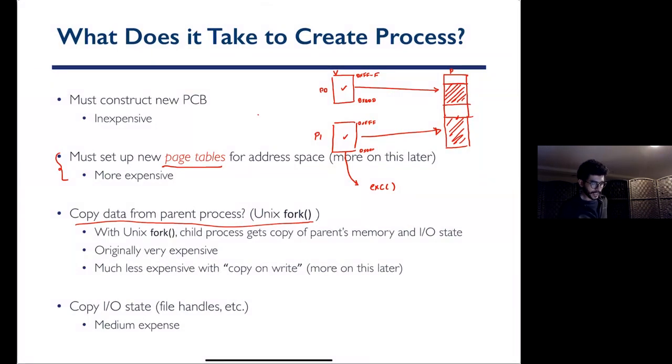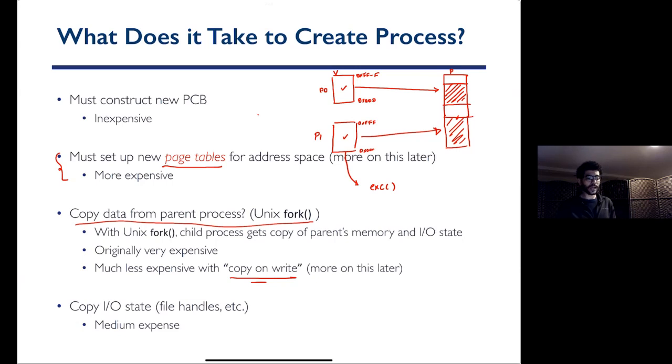So this has a name. It's called copy on write. So when you want to write, you make a copy. Before writing, you don't make a copy. So you just procrastinate doing this copying until it's really needed.